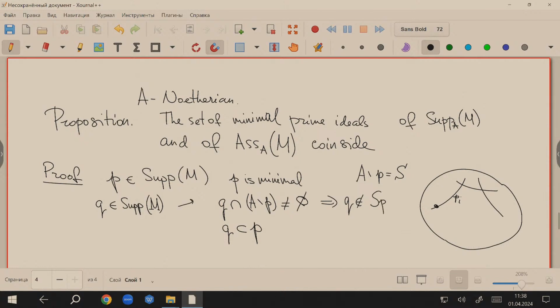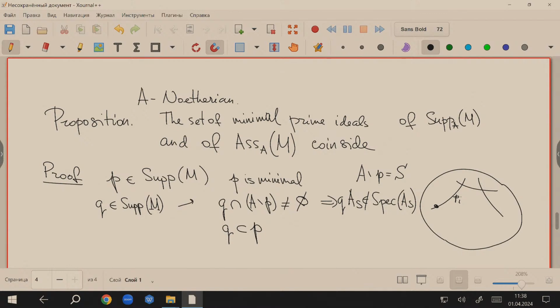So simply, we can say that Q times A_S is not in the spectrum of A_S.